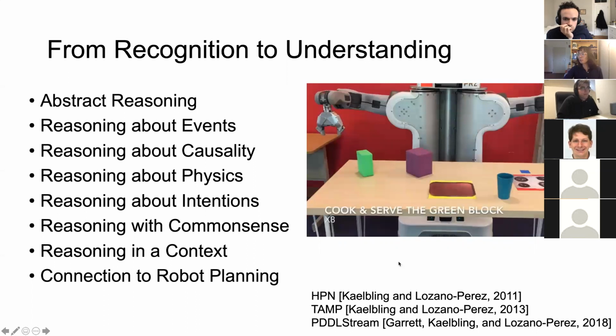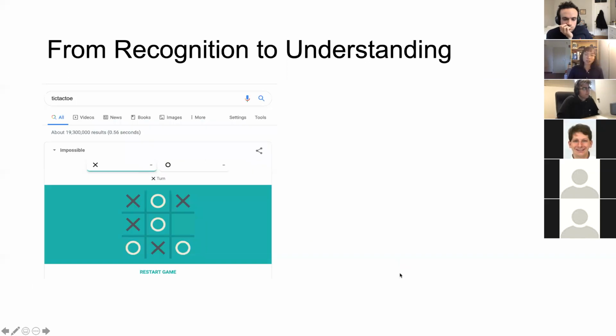Finally, I want to show a very interesting example that I found, which I think is a great challenge to visual understanding, or how to go from recognition to understanding. On the left, I show this example called the tic-tac-toe game. I think most of you should be familiar with this game. Basically, there are two players.